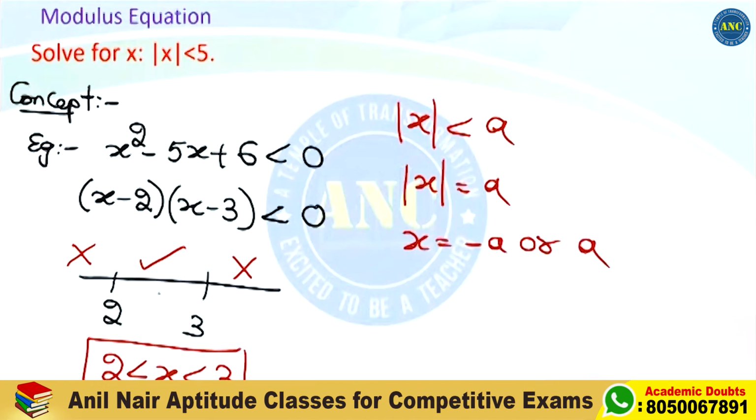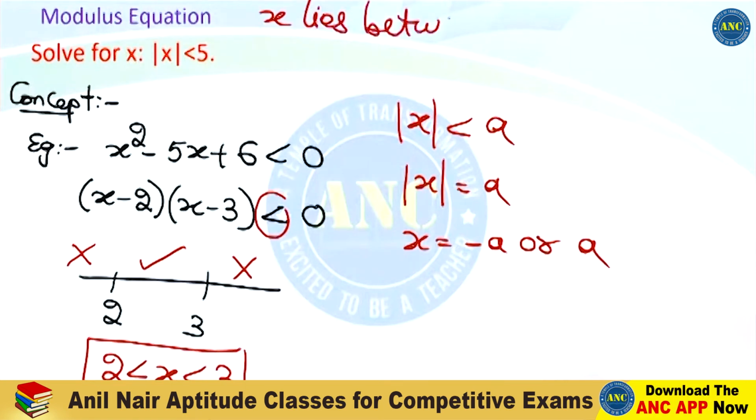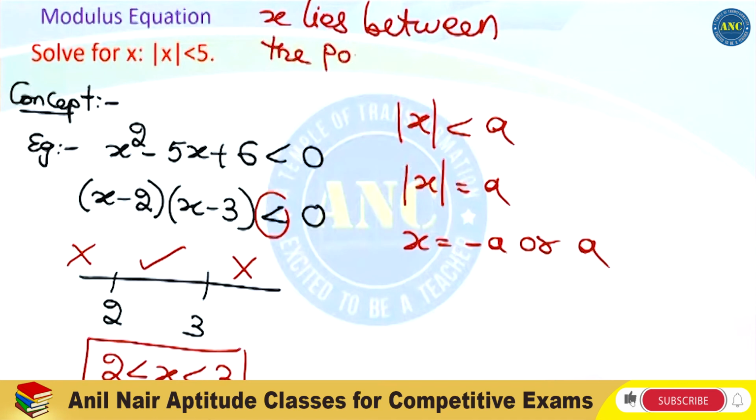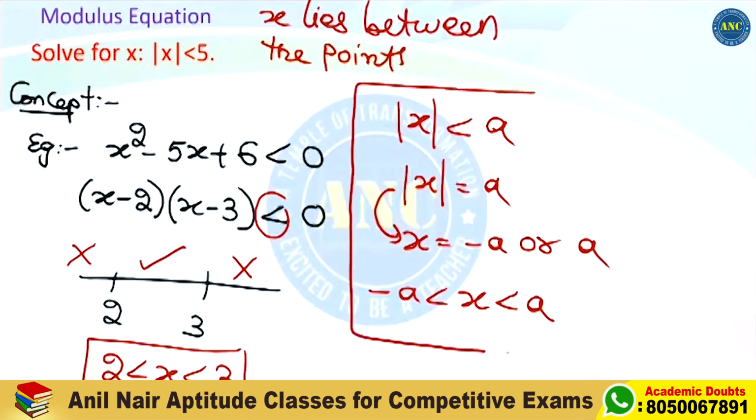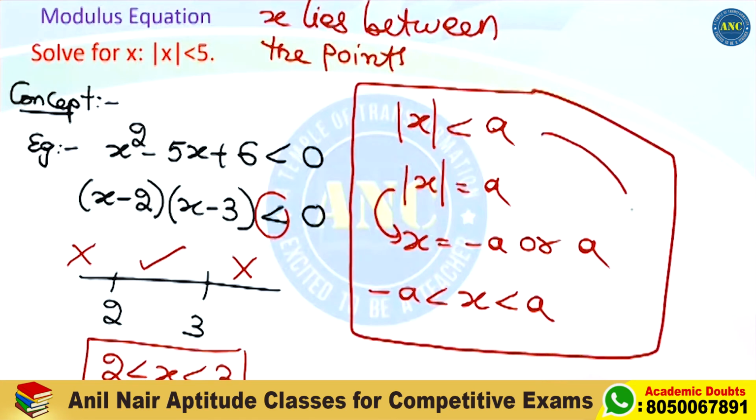Less than means if it is a less than inequality, x lies between the points, or x lies between the roots. So x lies between the roots: minus a less than x less than a. So if mod x is less than a, then the condition is minus a less than x less than a.